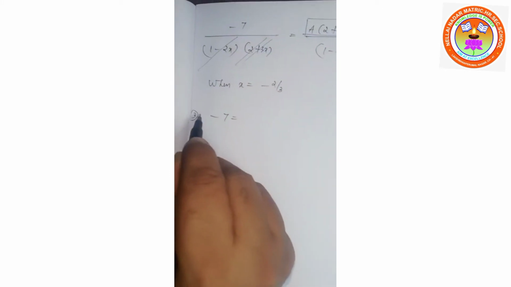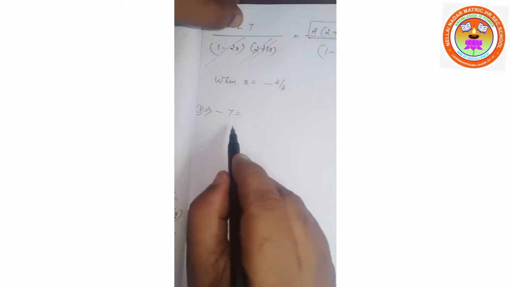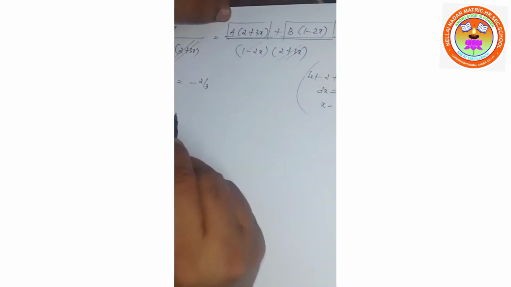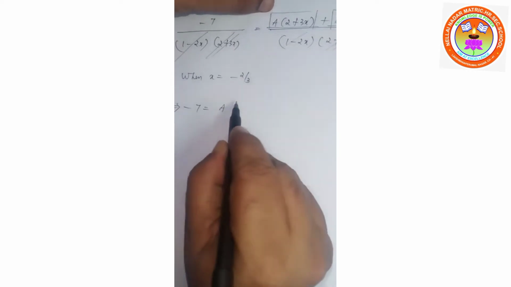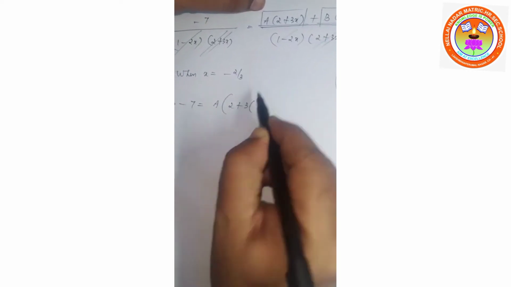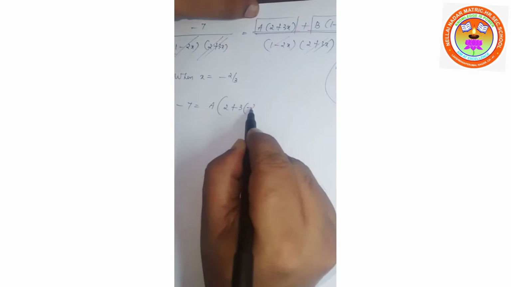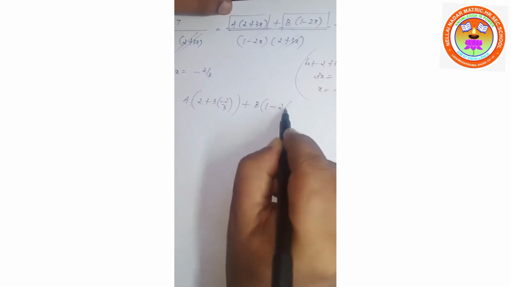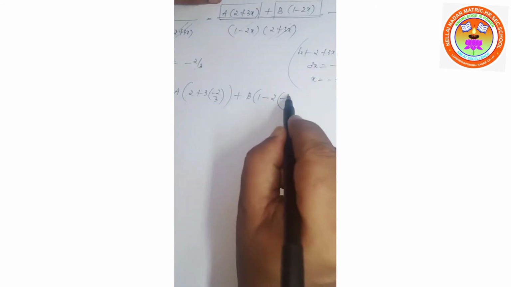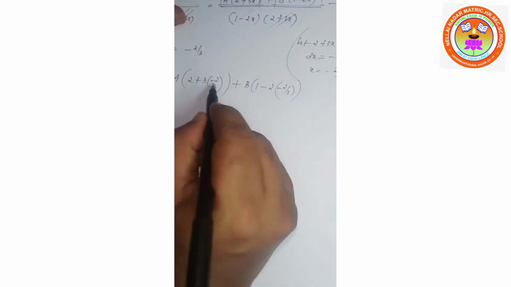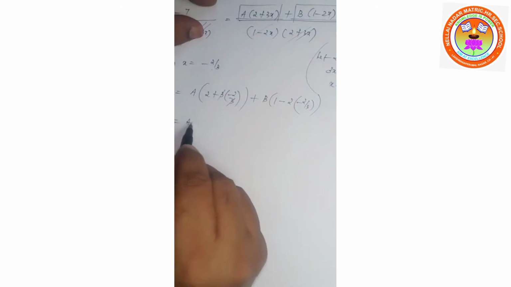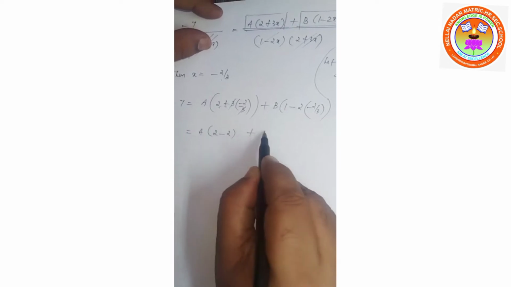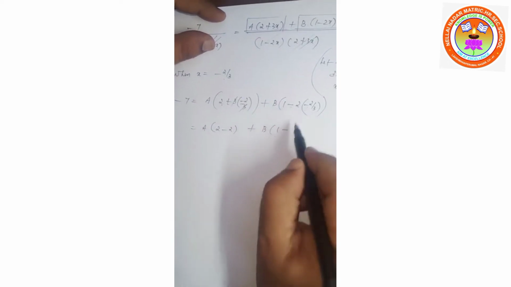So equation 3 implies minus 7 equals, if we replace x by minus 2 by 3, we will be getting 0 only. Anyway, I do it: a into (2 plus 3 into minus 2 by 3) plus b into (1 minus 2 into minus 2 by 3). 3 gets cancelled. A into (2 minus 2) plus b into (1 plus 4 by 3).